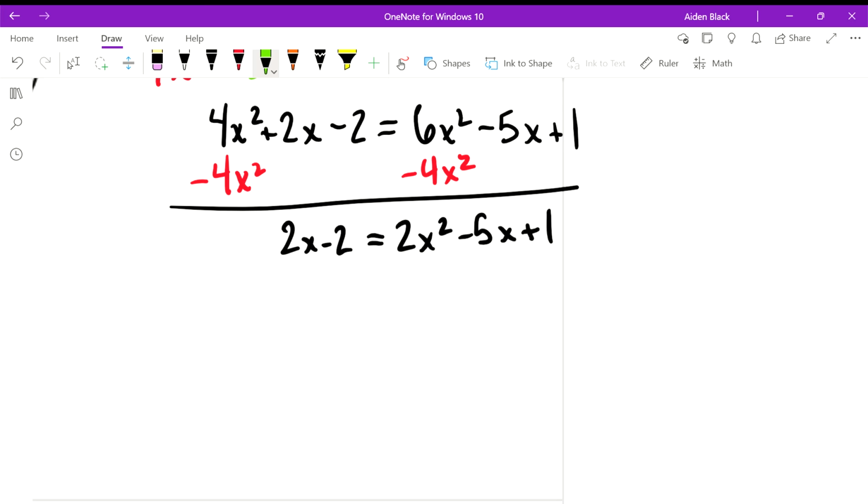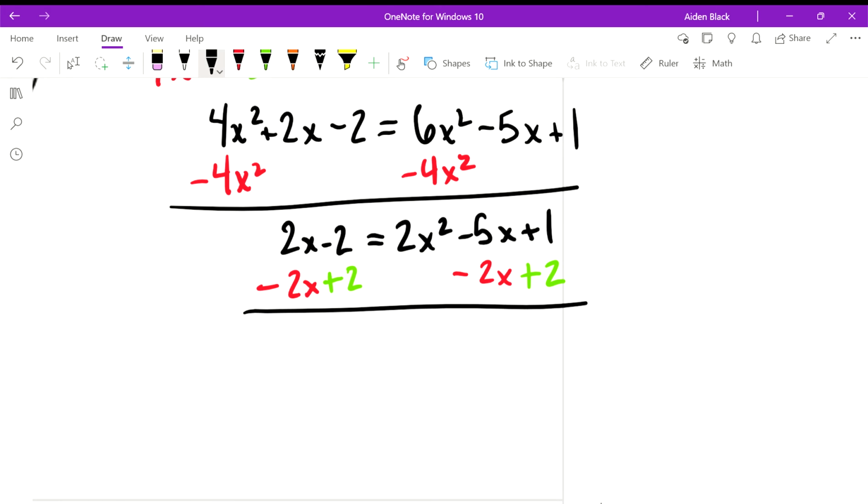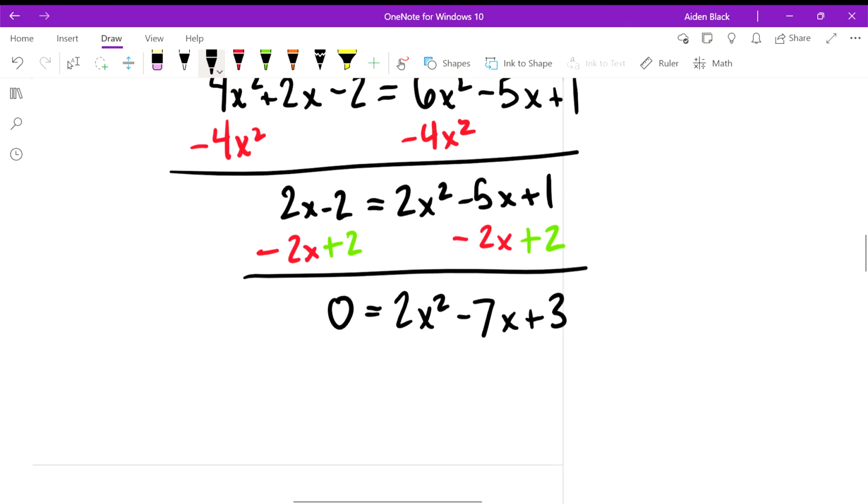That's our quadratic equation. So we'll add 2 to both sides and subtract 2x from both sides. So this is 0. And then this here is 2x squared minus 7x plus 3.